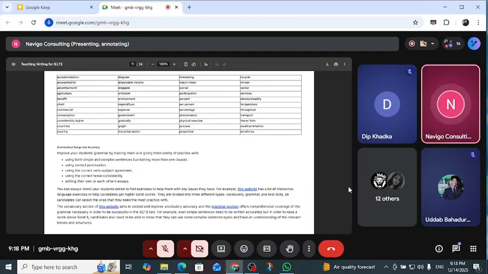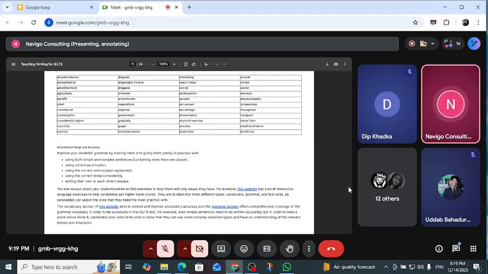Okay, a simple sentence has only one independent clause, that is called a simple sentence. A compound sentence consists of two independent clauses. A complex sentence has two clauses, one independent and another dependent clause.